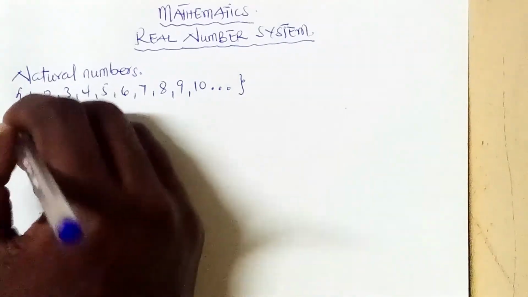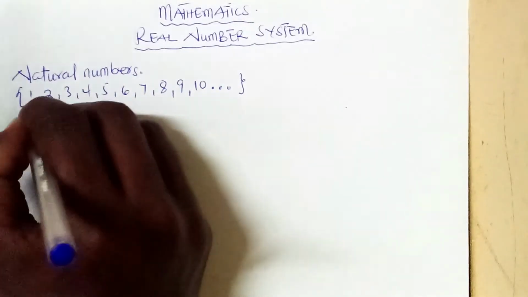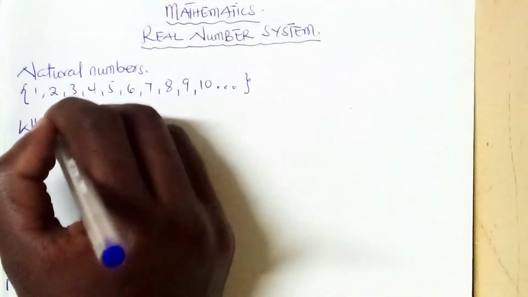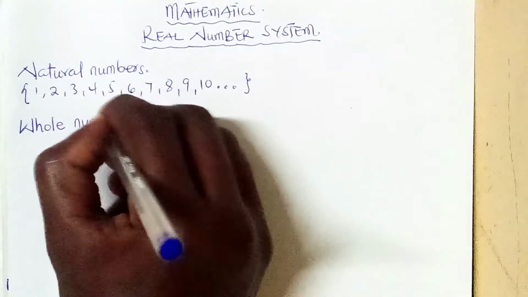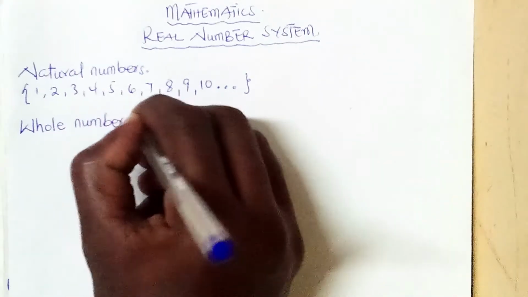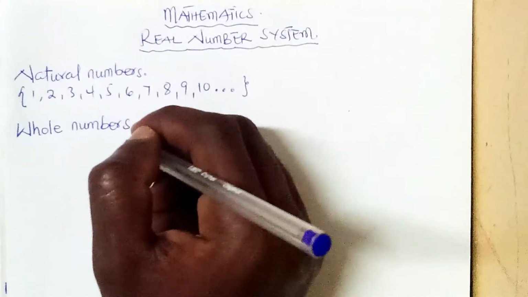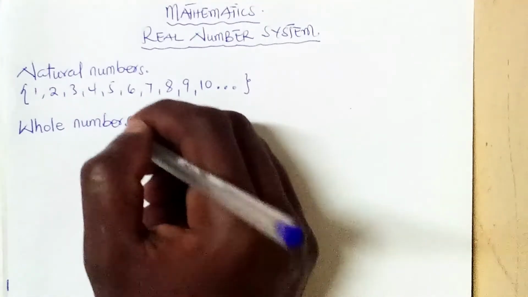The next is whole numbers. Whole numbers are a group of numbers that starts from 0.